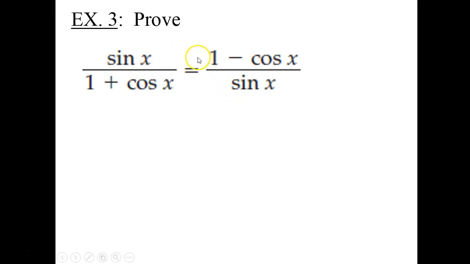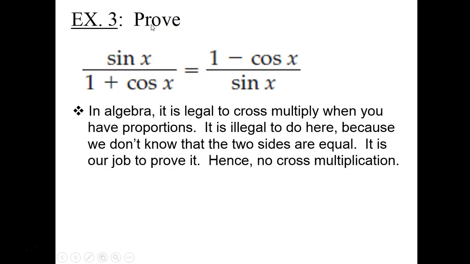The difference between what you did in algebra when you were solving for a value of x or y or a, b or c, whatever it was, is that in problems like that, you were told that the expressions were equal, so you could use your properties of equality, cross multiplication being one of them. But here, I don't know that these two quantities are equal. It's what I'm trying to show.